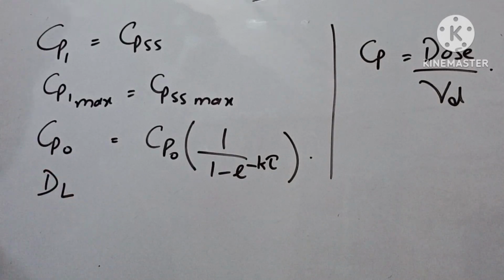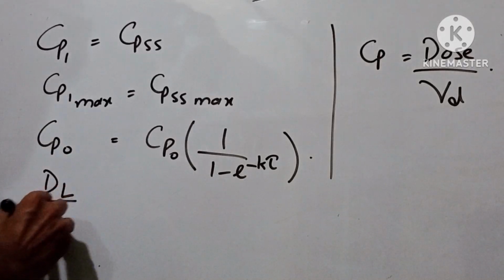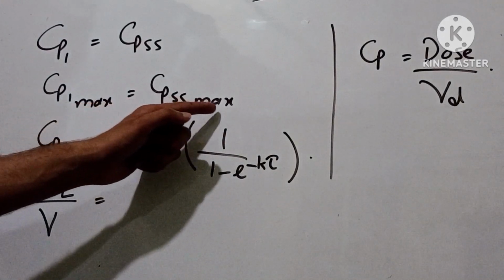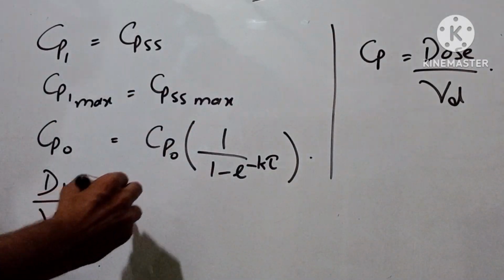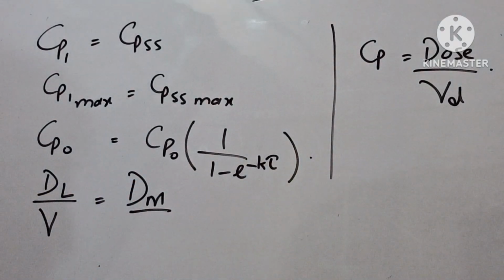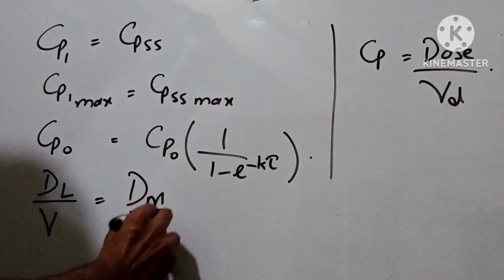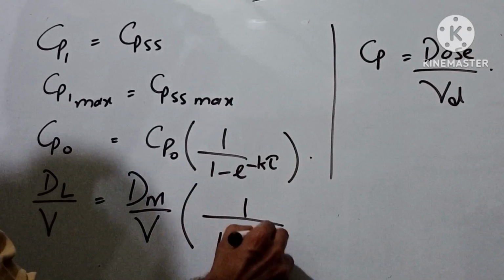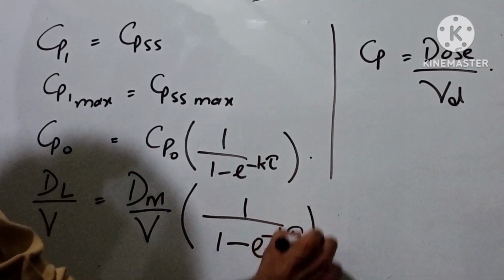So in case of CP naught, it will be DL, the loading dose. The first dose is always a loading dose, so it is DL over V. And in case of CPSS maximum, CP naught will be the maintenance dose that we have to maintain to achieve the therapeutic effect, divided by V or VD, into 1 over 1 minus e to the power minus K tau.